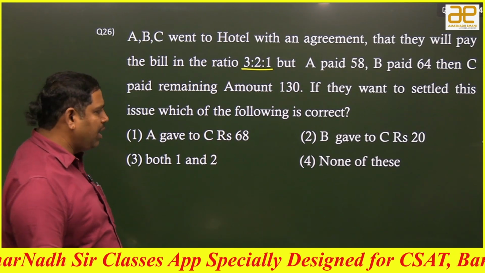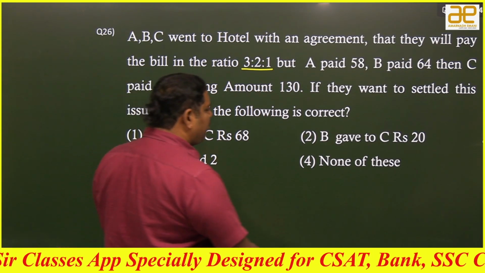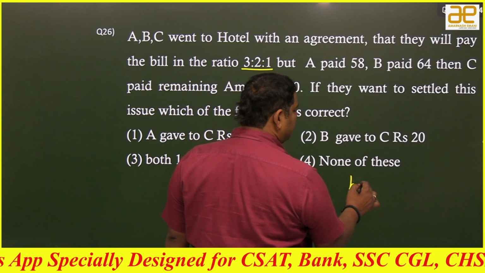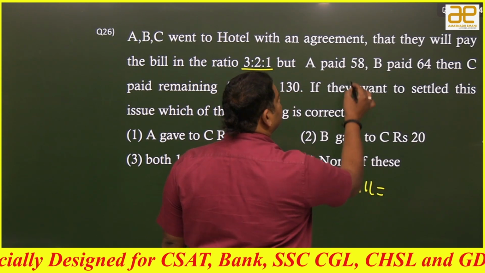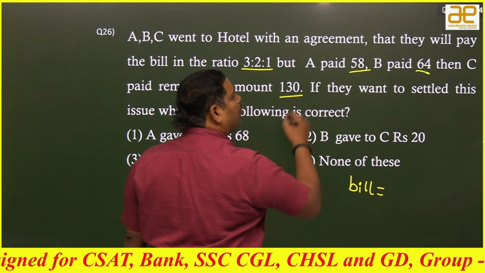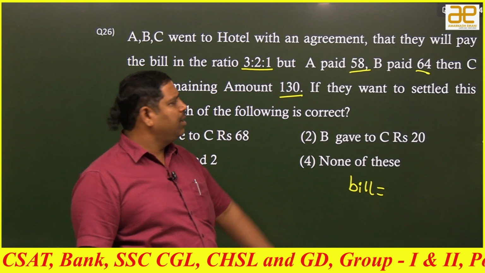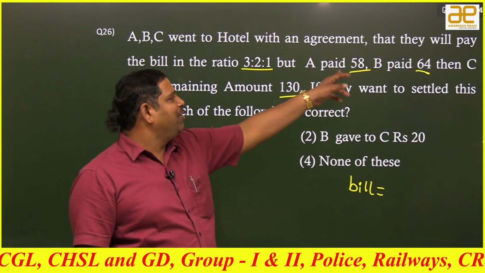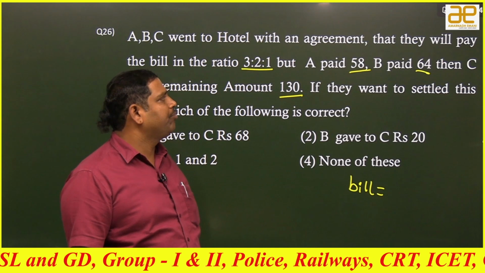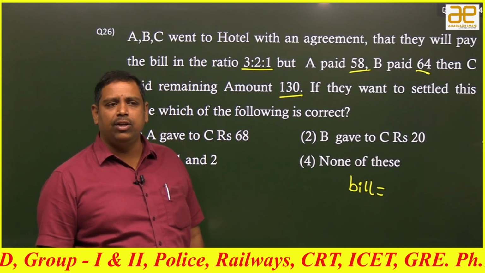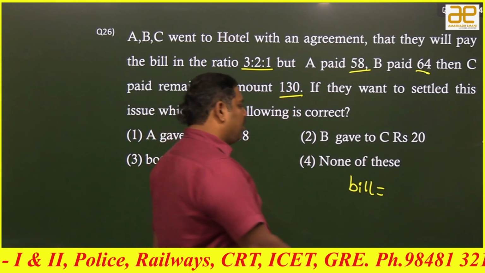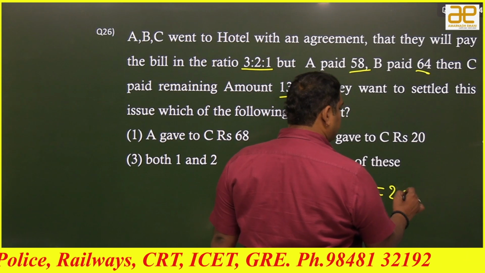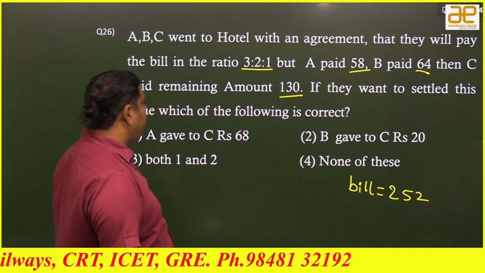First I want to know the bill. What is the bill amount? Whatever they paid, the total is the bill amount, because if they don't pay, they won't be allowed to leave. So they paid 58 plus 64, 122, plus 130. Can I say the bill is 252 rupees?